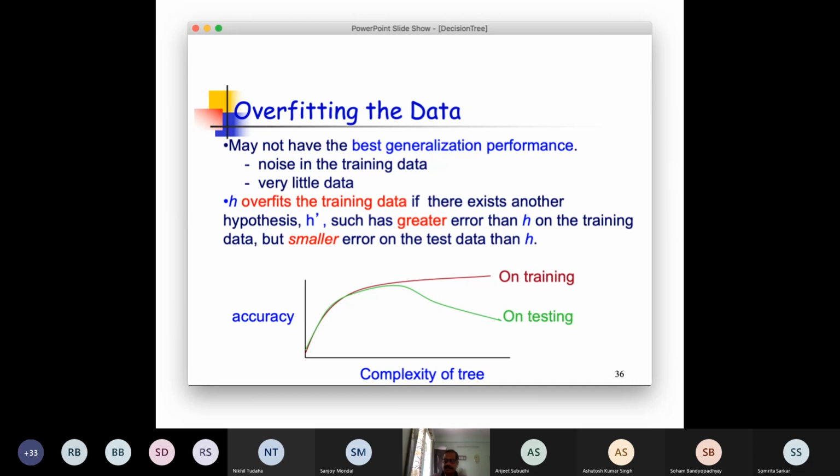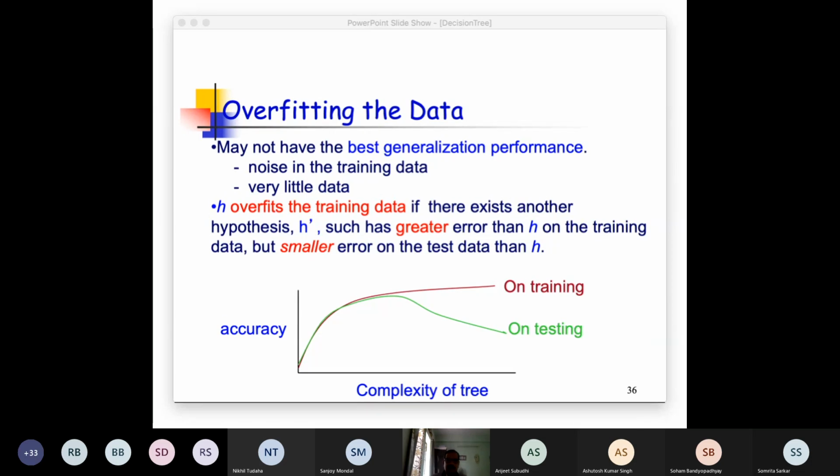Even if it is not consistent, we are trying to get the maximal fit over the training set, and by doing that, if there is noise in the data, or if your data is small compared to the model complexity, because sometimes you can have a very complex model, with that little data you can fit exactly, but that is not actually representing the process by which the data is generated. So the process might be a simpler model. By choosing a complex model itself, your model selection was wrong.